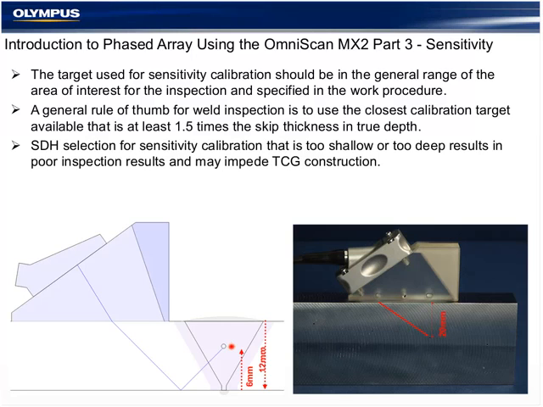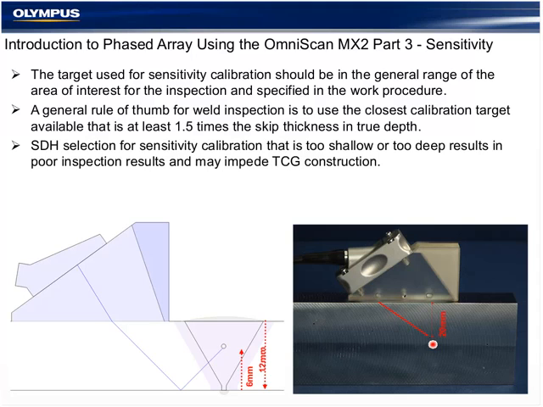And by true depth, I mean this is a 12 millimeter thick weld. So we go down 12 millimeters in true depth, back up 6 millimeters, and then we select the closest calibration block side drilled hole that we have to do our initial sensitivity inspection.